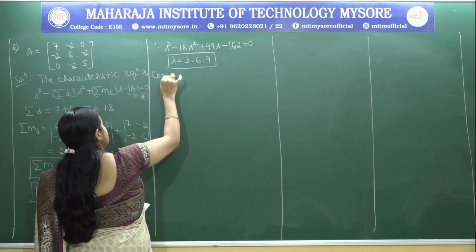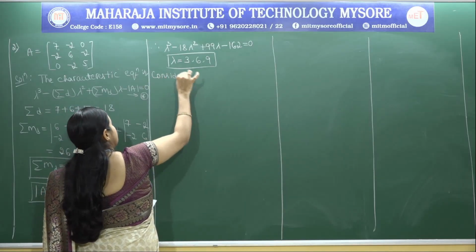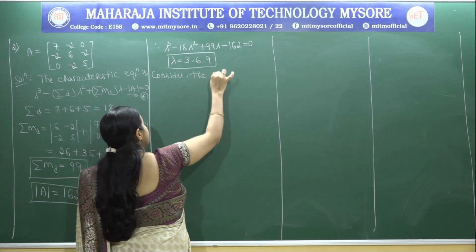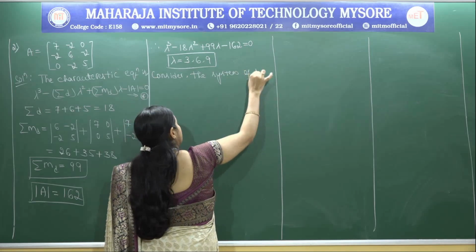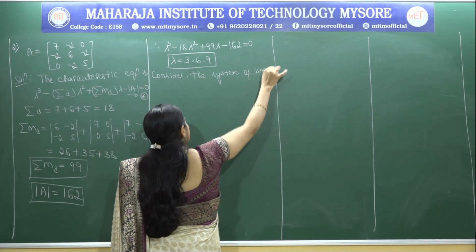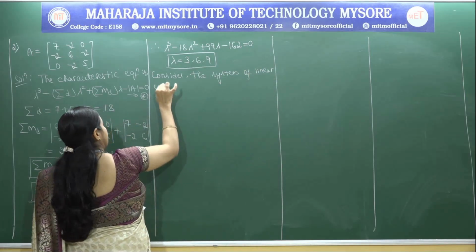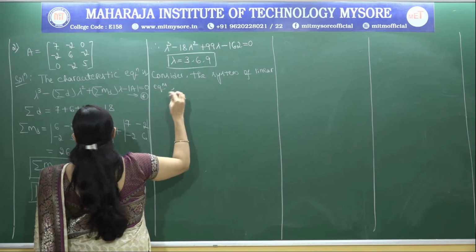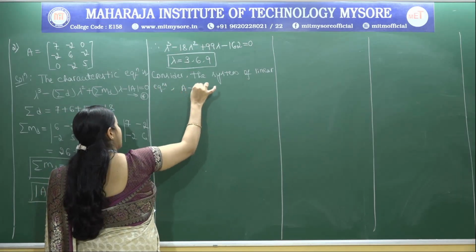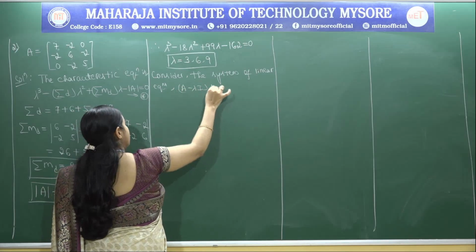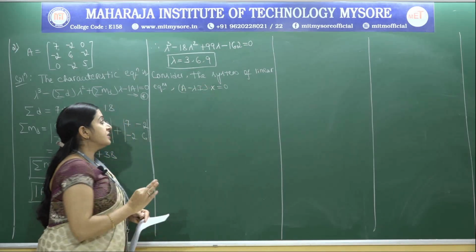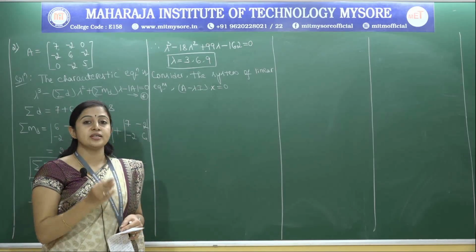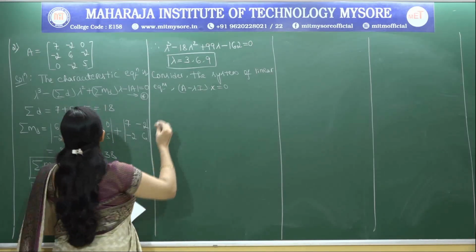Next, consider the system of linear equations. So the first one, that is A minus lambda I of x equals 0. Since it is a 3 cross 3 matrix, for x I take the three variables x, y and z.